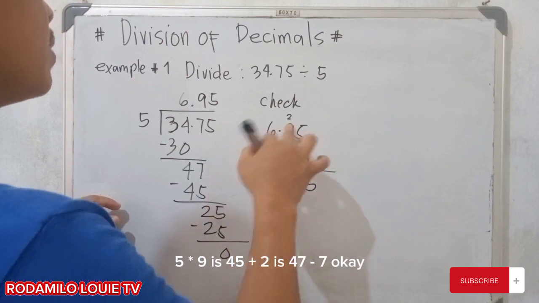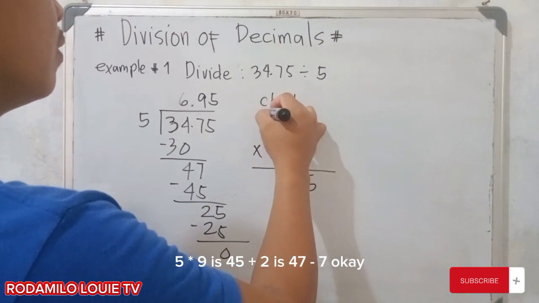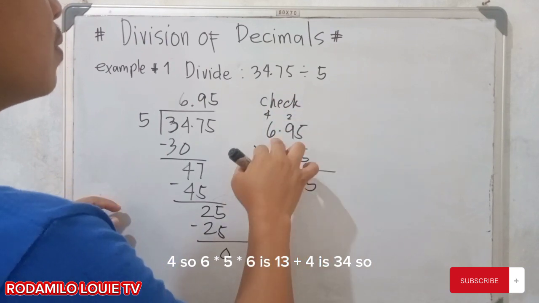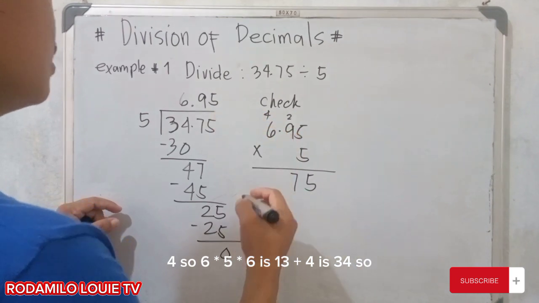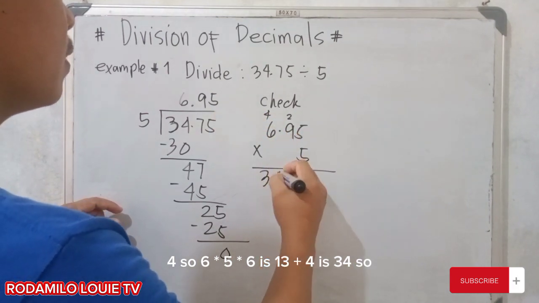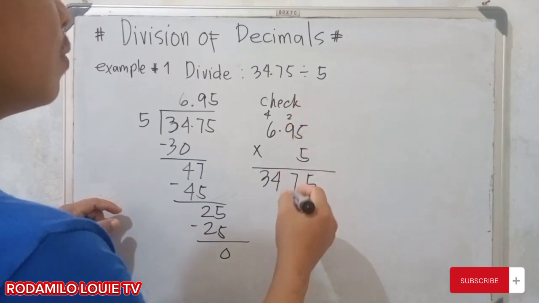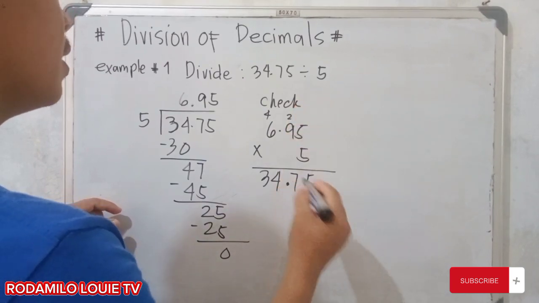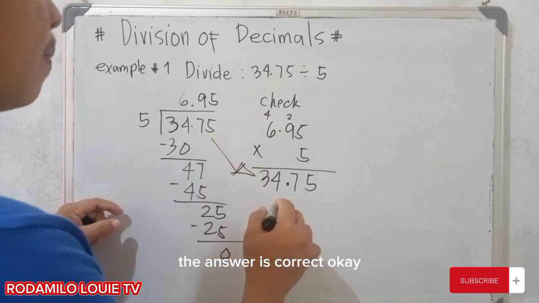No, 5 times 9 is 45 plus 2 is 47. Bring down 7. Carry 4. So 6 times 5 is 30 plus 4 is 34. So count the decimal place. So 1. So na 1. 4. So atong decimal point na niya. So atong answer is correct. Okay.